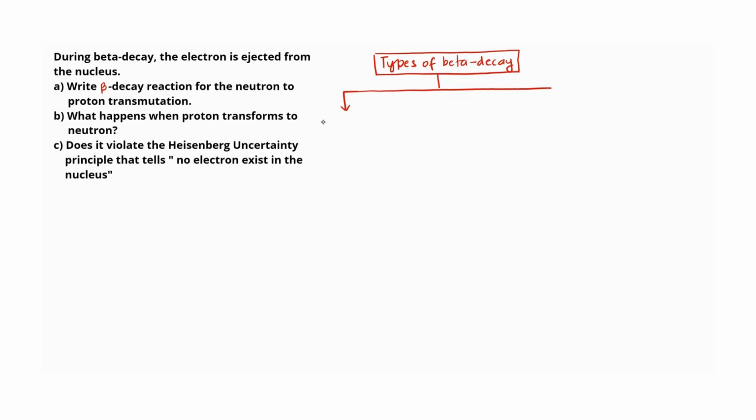So beta minus decay, beta plus decay, and electron capture. So we have this.